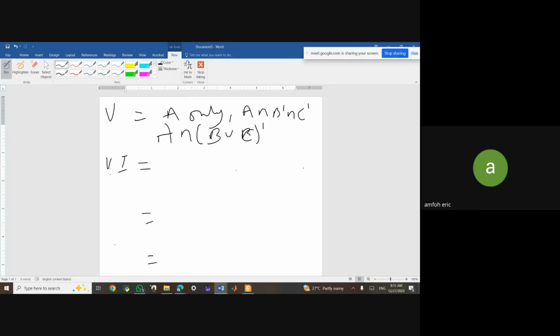What about also writing it as A minus into bracket B union C? A difference into bracket B union C complement. Okay, that's your solution.